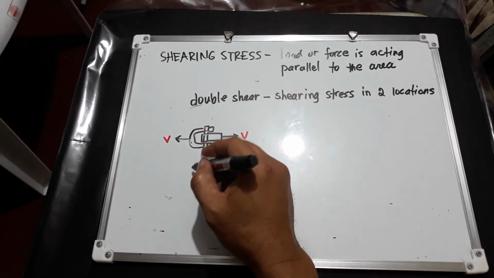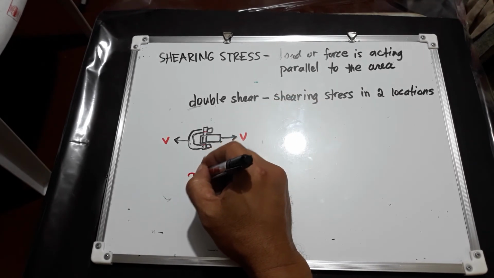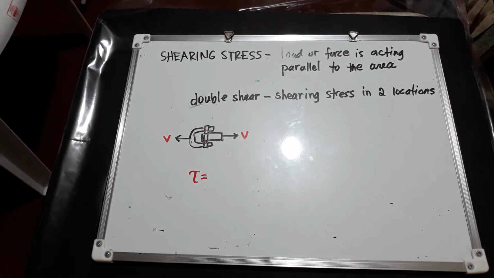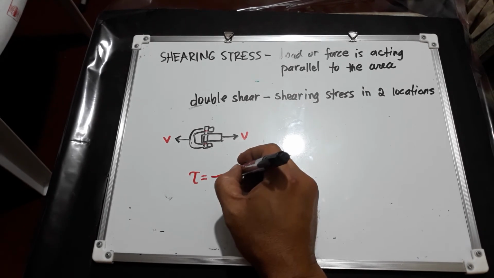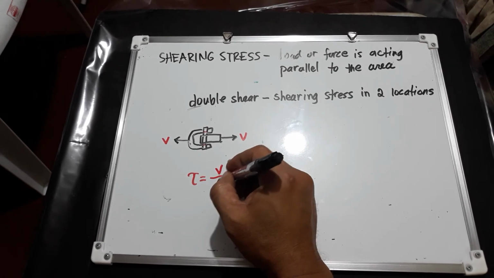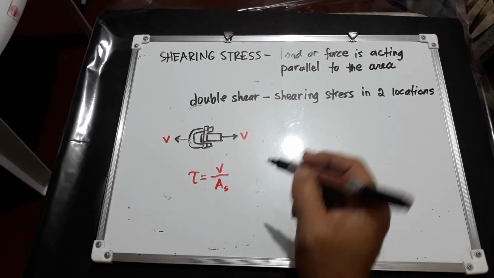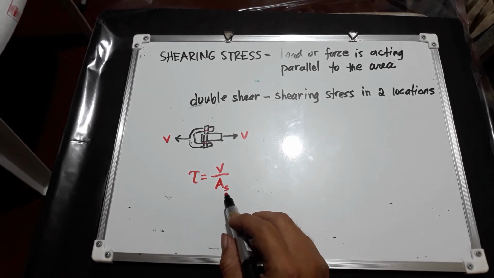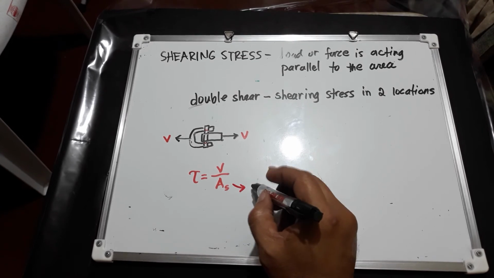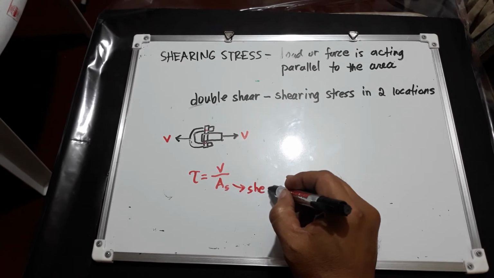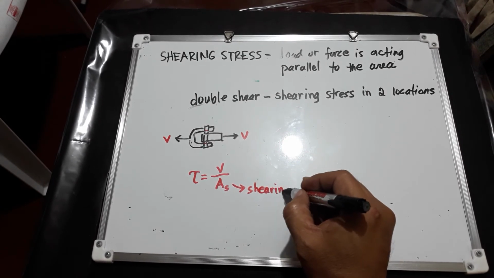So the formula was tau, symbolizing shearing stress, is equal to V over A, where A can be, we can place a subscript, A sub S, which is the shearing area.